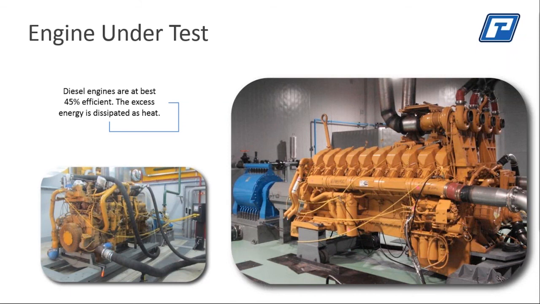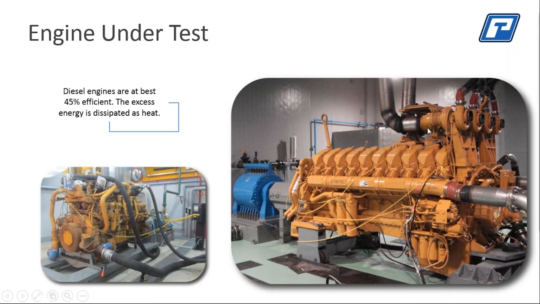So number one, when I look at these engines, you can see the connections to the cooling system over here on the left-hand side. So we've got the water system connected. You can see over on the picture on the opposite side, you can see the turbocharger, the exhaust connections, and also the turbocharger cooling.